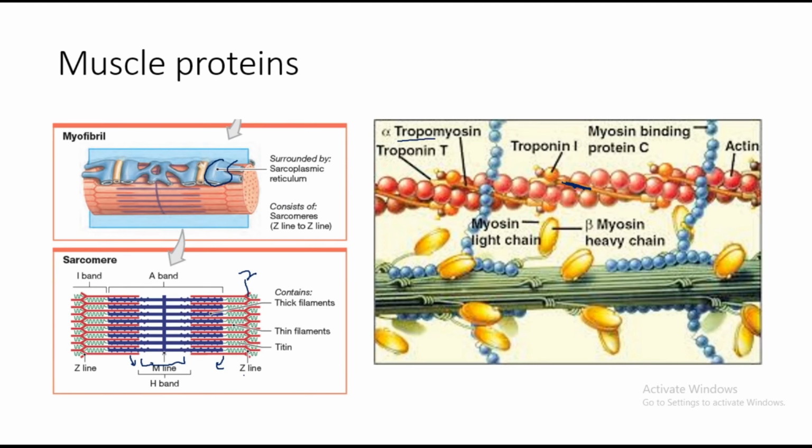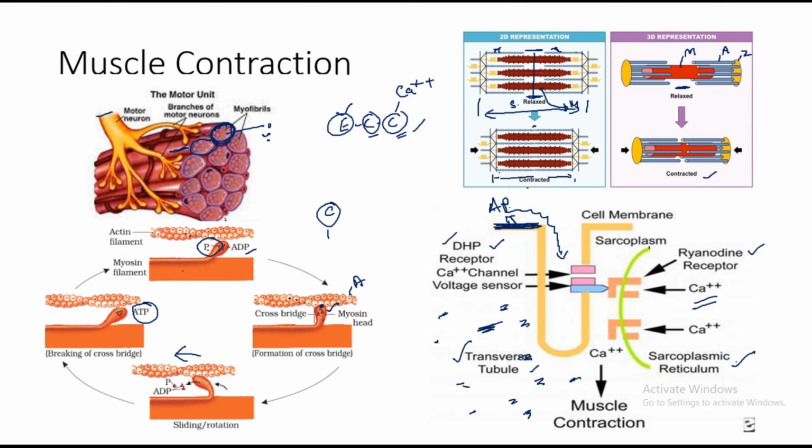So the tropomyosin conformational change happens as and when calcium binds with the calcium binding protein, troponin C. Then it exposes the active sites, so they interact with the myosin head. The actin filaments interact with the myosin head with the help of ATP breakage. ATP binds and ATP breaks.